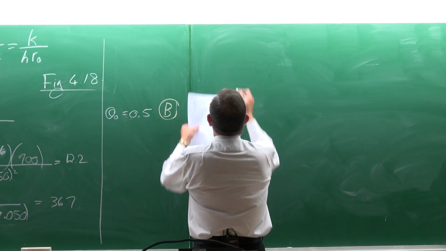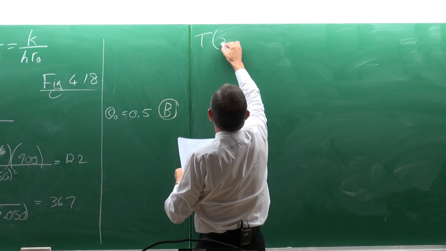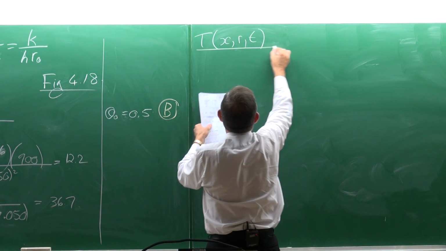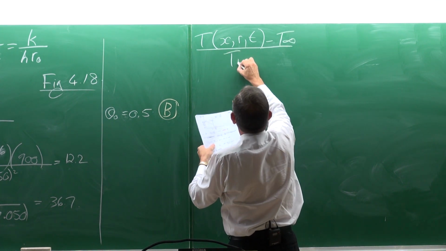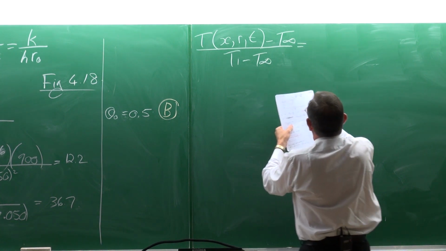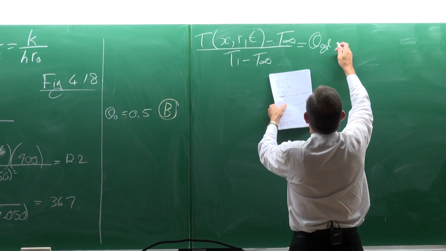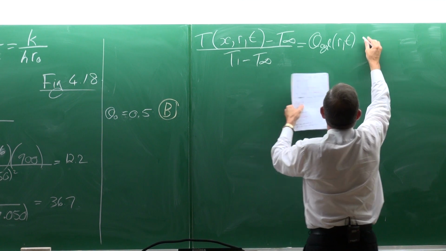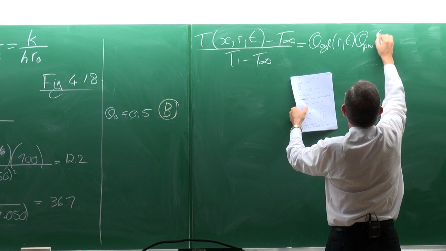Okay, so the temperature, if you look at the solution, it would be T(x, r, t) minus T infinity divided by Ti minus T infinity is equal to the non-dimensionalized temperature for the cylinder, R, T, multiplied by the plane wall, X, T.